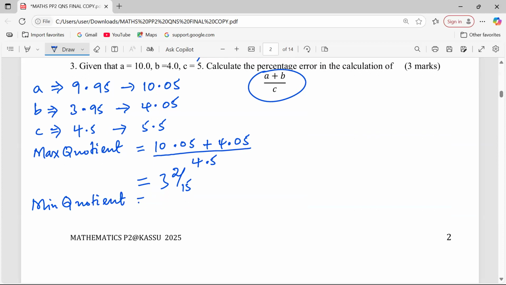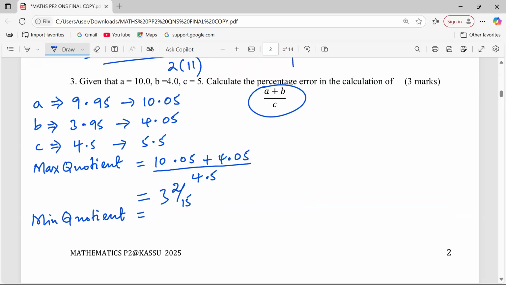Now, for me to get a very dismal quotient, I need to talk about the least numerator possible. So I add the lower limits. Then I divide by the highest possible denominator.